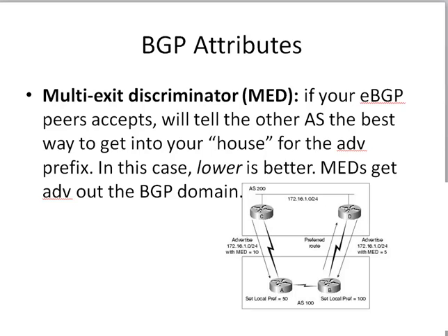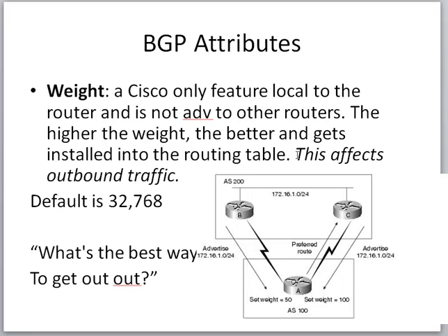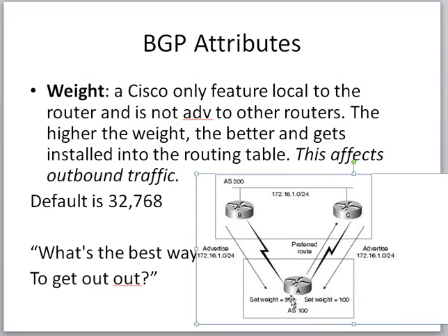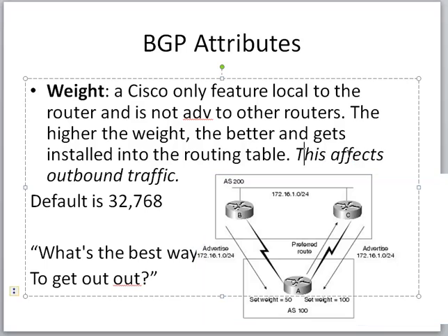And actually, let me go back here because I don't think I fully explained this. This affects outbound traffic, meaning that even though the networks coming in to my network are getting assigned this weight, ultimately it actually affects things going outbound, because if I'm saying I prefer going out to router C instead of router B, in essence I'm really affecting outbound traffic, even though it looks like inbound traffic.